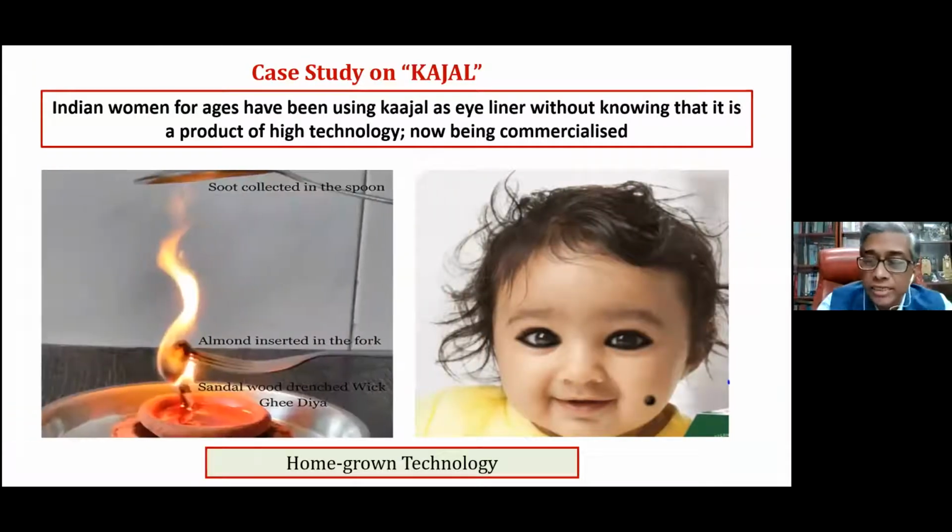I thought I would take this example. Very recently I realized that none other than my mother used to make nanoparticles. It is the way she used to make what we call kajal, in our cosmetics industry.